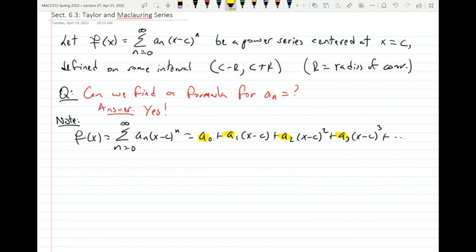Remember, we said that power series can be differentiated, and the idea is that f is infinitely differentiable. So f can be differentiated as much as we want, as many times as we want.